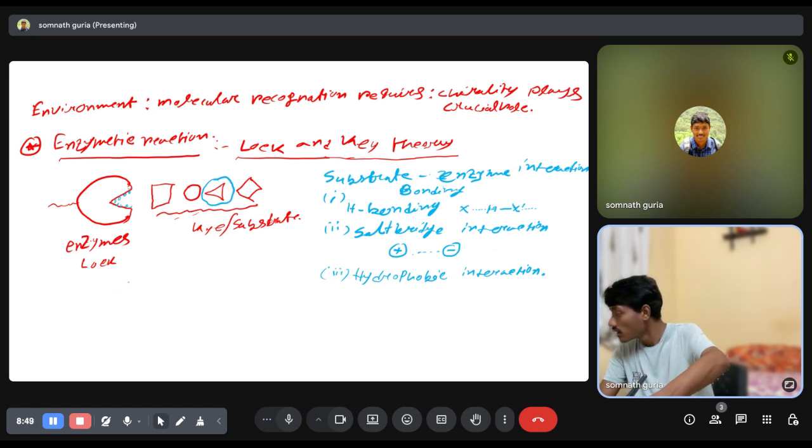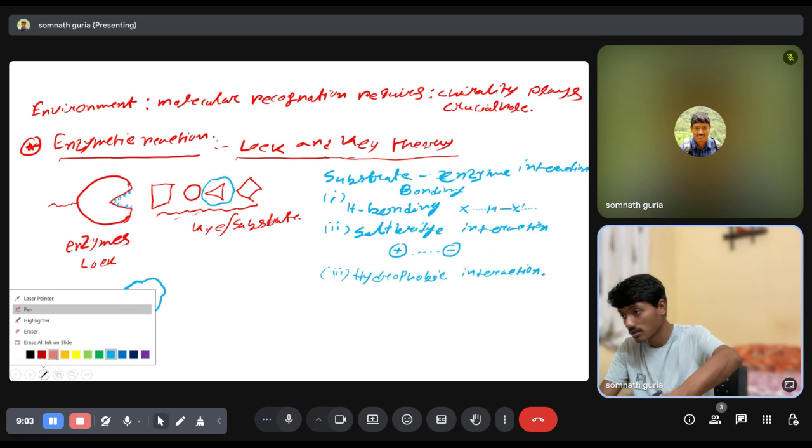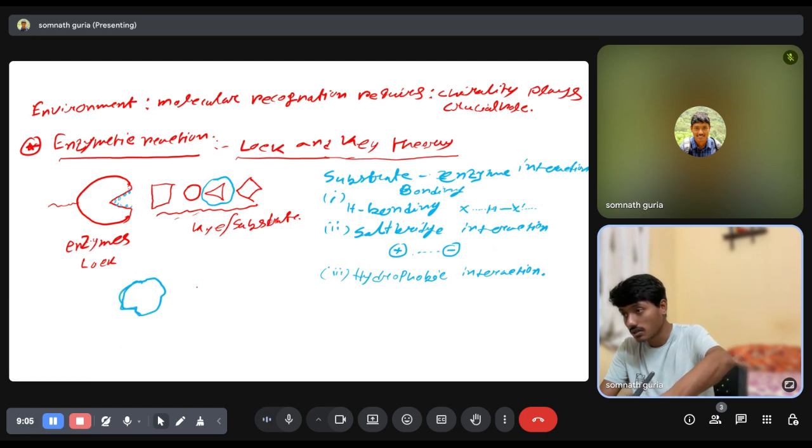Let's suppose this is my enzyme, and this is in my red color. This is my substrate over here.